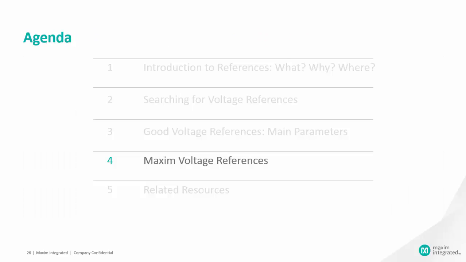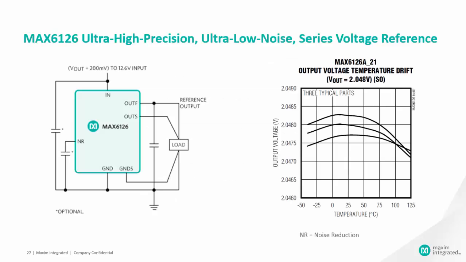Let's now take a closer look at 2 voltage references offered by Maxim. MAX6126 is an ultra-high precision, ultra-low noise series voltage reference. It incorporates an impressive combination of best-in-class parameters. It has excellent initial accuracy of plus or minus 0.02% max, sensing and forcing pins which preserve accuracy over load-induced voltage drop errors, ultra-low tempco with 3 parts per million per degree C max, ultra-low noise with only a few microvolts peak-to-peak in the 0.1 Hz to 10 Hz range, and low current consumption of less than 1 milliamp over the full temperature range.